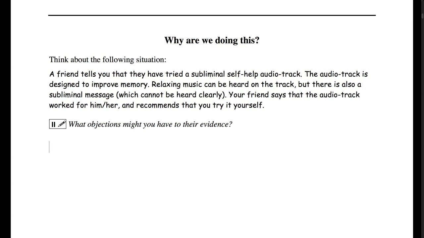And I imagine that amongst the class we've got a variety of different suggestions or objections to the evidence. These might come in different categories, and so perhaps the first category we might think about is where we might ask, how do we know that the friend's memory has actually improved?